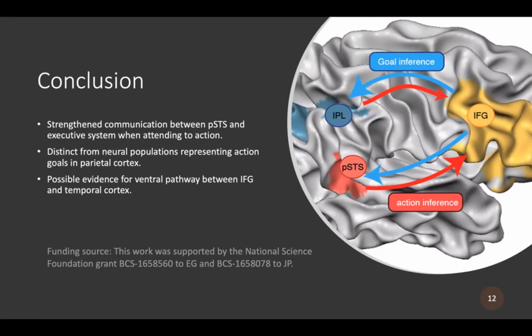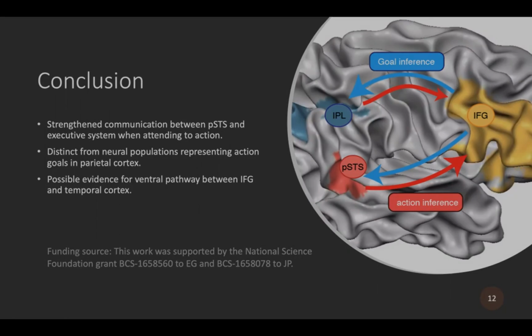And lastly, by further characterizing the modulated connectivity between IFG and temporal cortex, the current study provides possible evidence for a ventral pathway between IFG and temporal cortex for attention modulation during action observation.